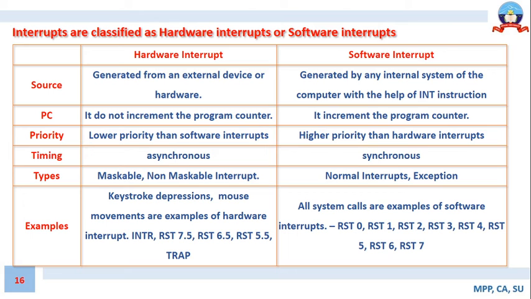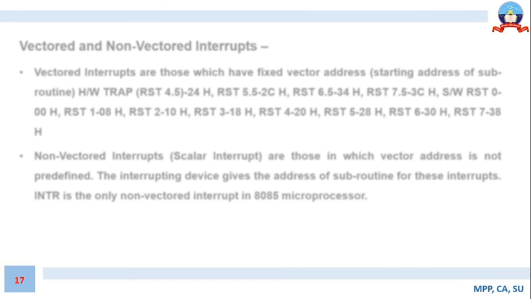Likewise, all system calls are examples of software interrupts. So we have RST 0, RST 1, RST 2. These are examples of software interrupts in case of the 8085 microprocessor. So these are some of the ways in which you can distinguish between hardware interrupts and software interrupts.